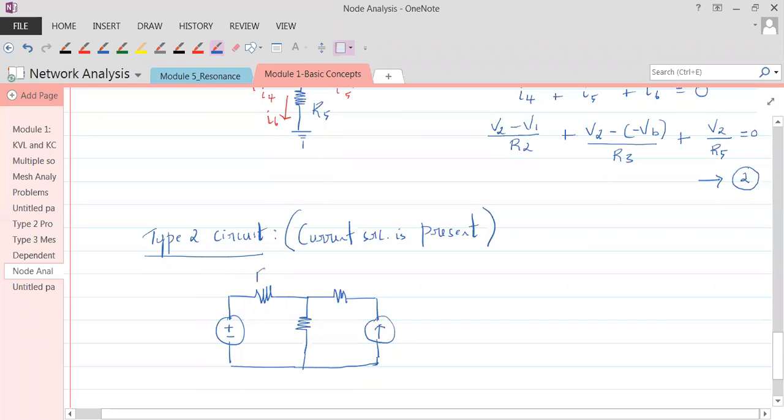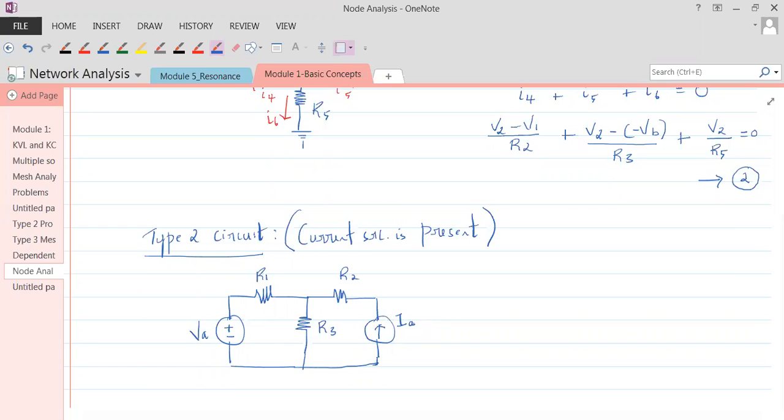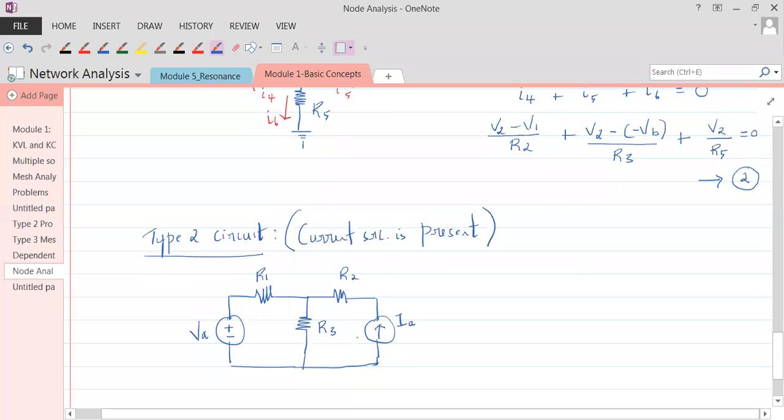So this is R1, R2, and R3. Can you tell me how many nodes are there compared to the previous problem? Just make that analysis. We can see this is anyways ground. You don't count your ground. Non-reference node, you tell me.